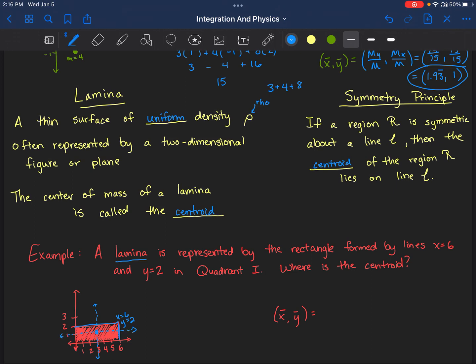And so right there, right in the center of this rectangle, is going to be my center of mass, or my centroid, which is at the coordinates 3, 1. So notice the center of mass happens to lie on both of those lines of symmetry.